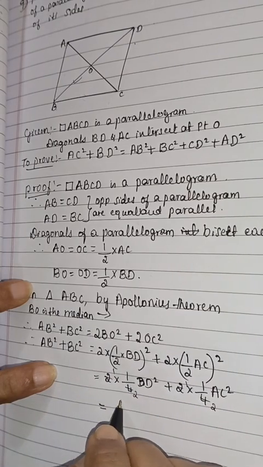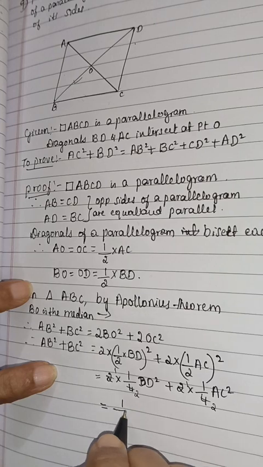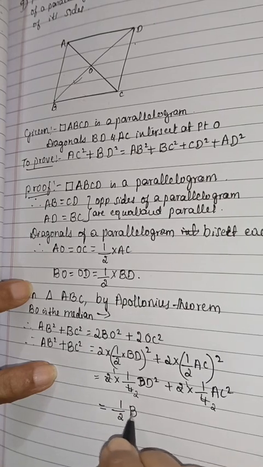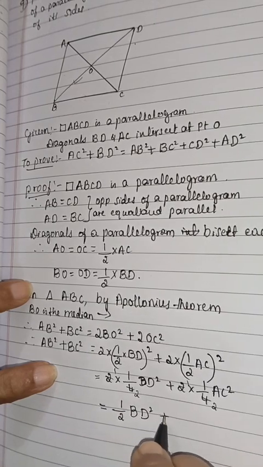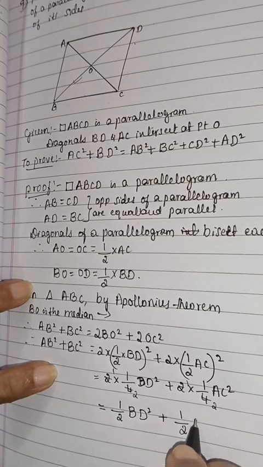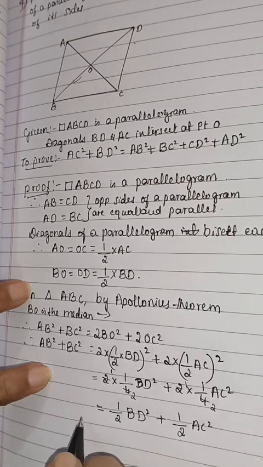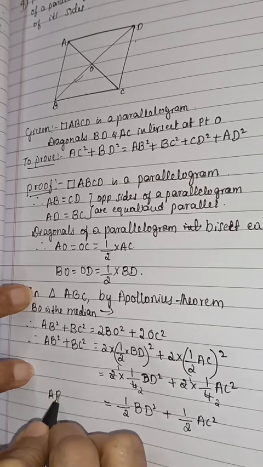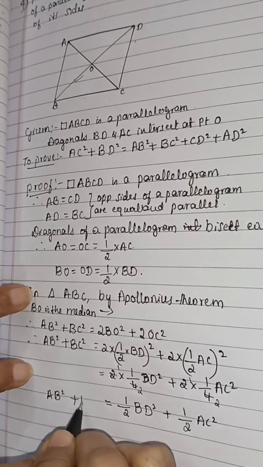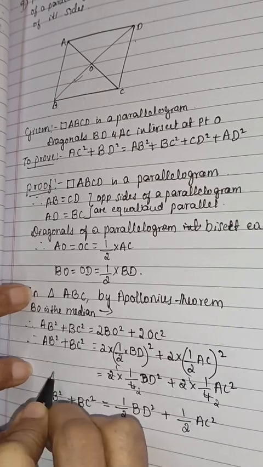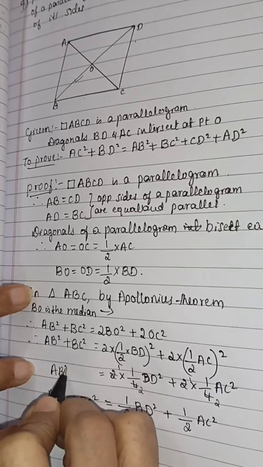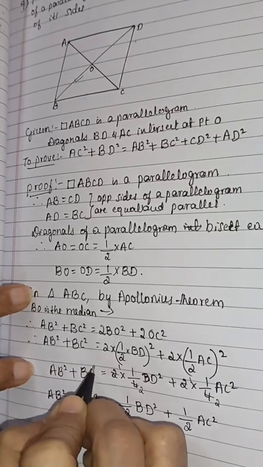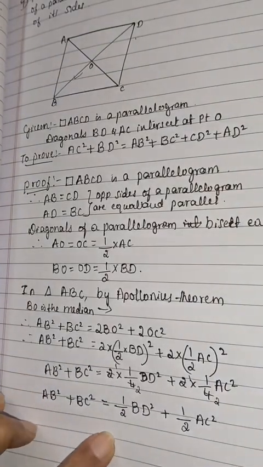Therefore 1 by 2 BD square plus 1 by 2 AC square. This is AB square plus BC square.